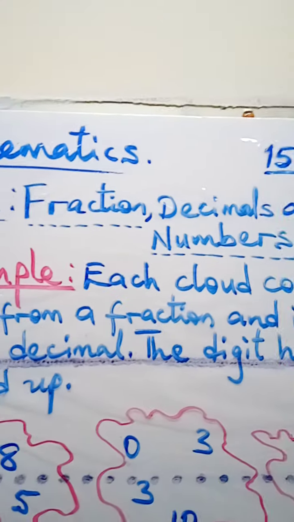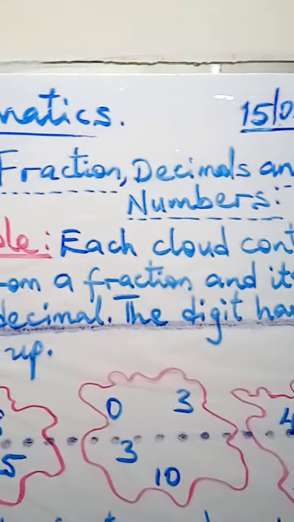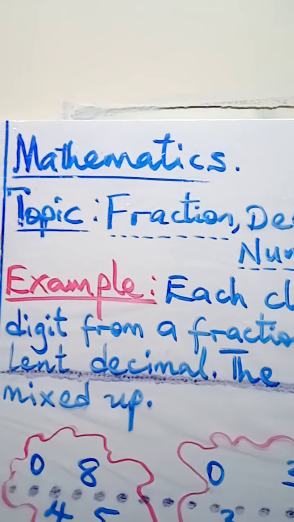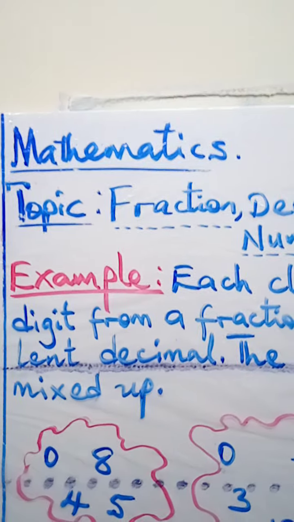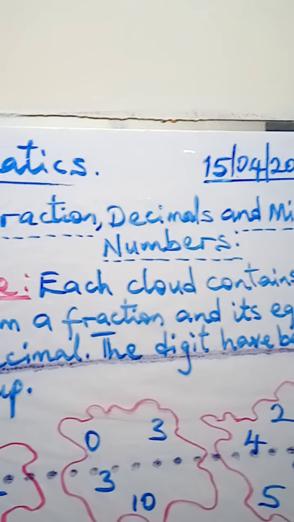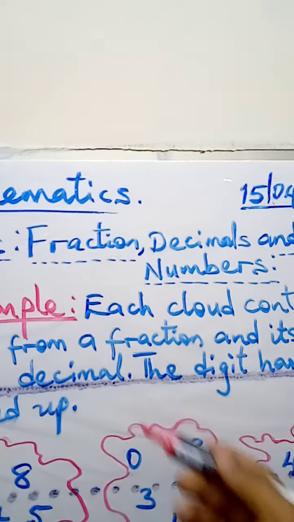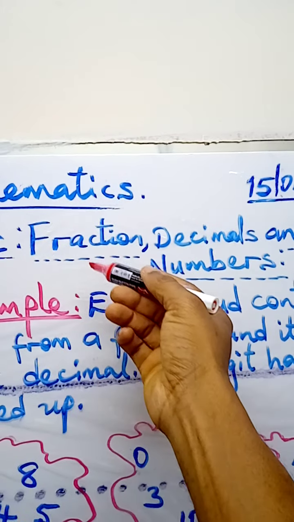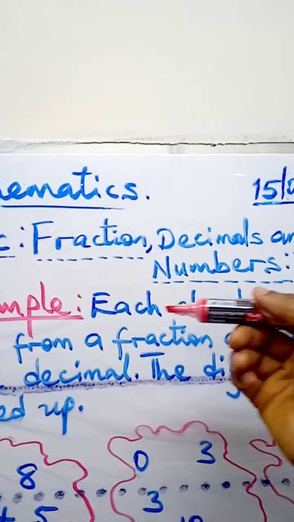All right, today's lesson we are going to continue in our learner's book, pages 86 and 87. The topic we have there is fractions, decimals, and mixed numbers. We've already explained what a fraction is, and we say that a fraction is part of a whole.